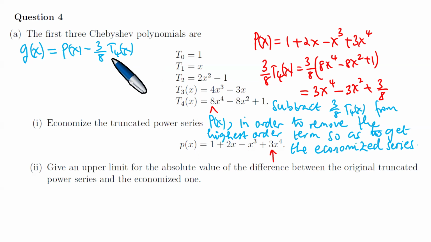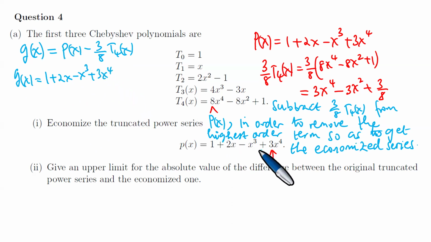The answer, what then do we get? Meaning g of x is equal to P of x, which we know is 1 plus 2x minus x cubed plus 3x to the 4th power.